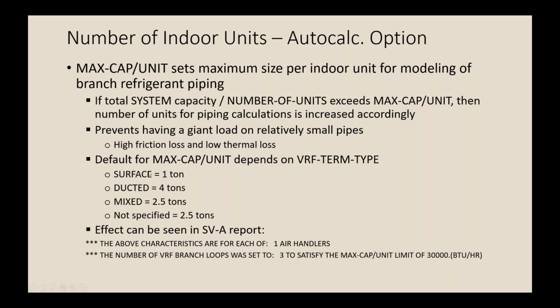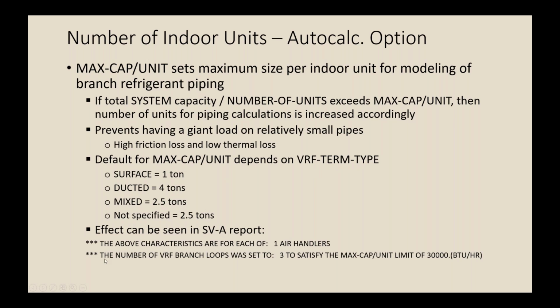It's a safety feature for the model. There are defaults for max cap per unit, based on the VRF terminal type I mentioned earlier, which could be surface mounted, ducted, or mixed. If this VRF terminal type, an optional keyword, is not used, then the default for max cap per unit is 2.5 tons.